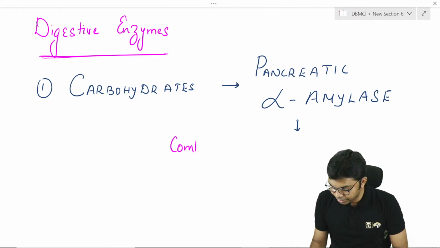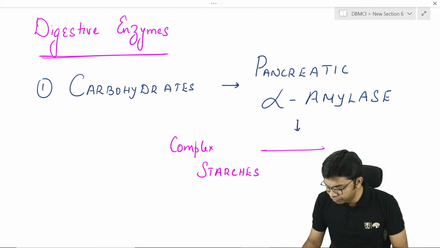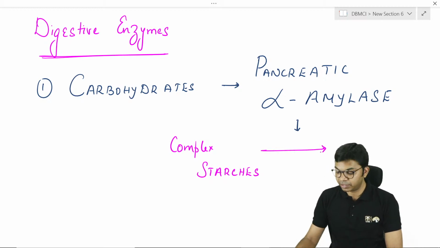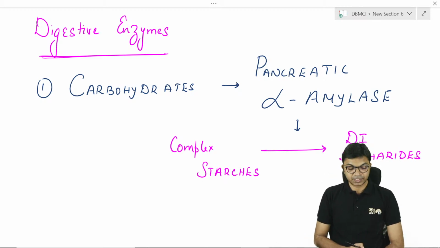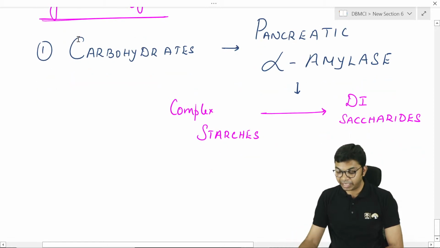Complex polysaccharides are also called starches. At the end of this digestion, these starches get converted into disaccharides. That's carbohydrates and pancreatic alpha amylase.